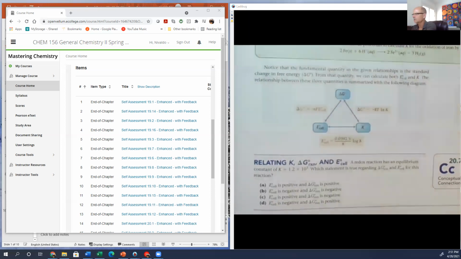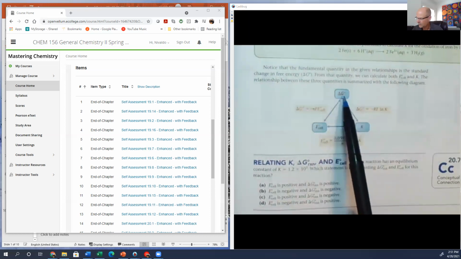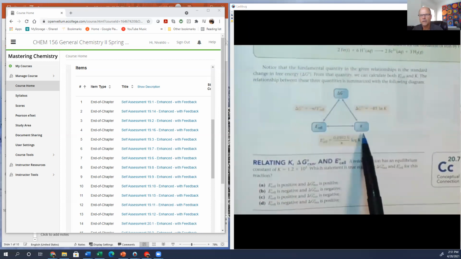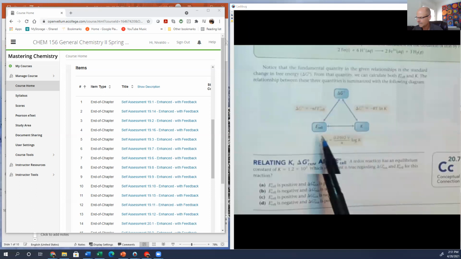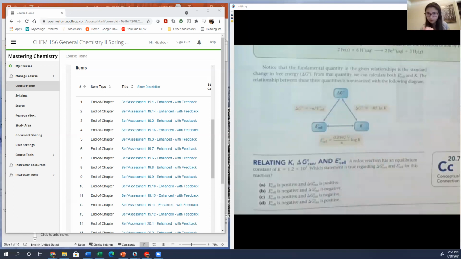This is on page 917, right? And this has the three relationships, because once you know one of these, you know all three because they're all related. Delta G naught, E naught, and K are all interrelated. And they're related by these three equations. So I think this is the one you're talking about with K. And then ln of K. There's also ln of K. So I don't know, I get confused between log and ln. Yeah, I know. You've got to be careful.